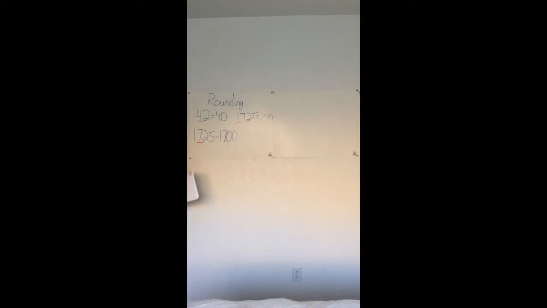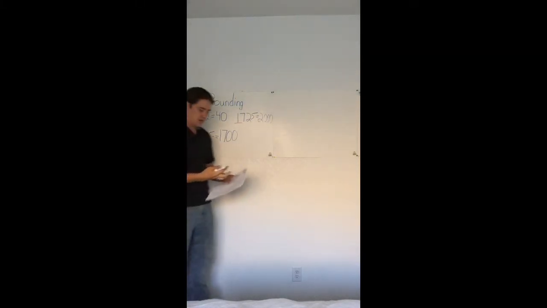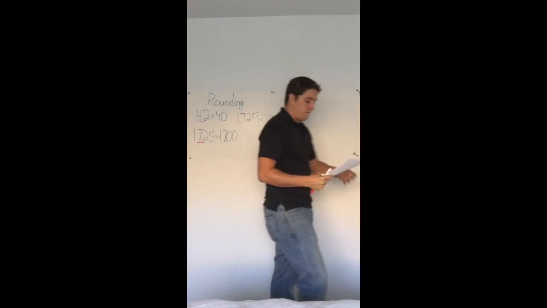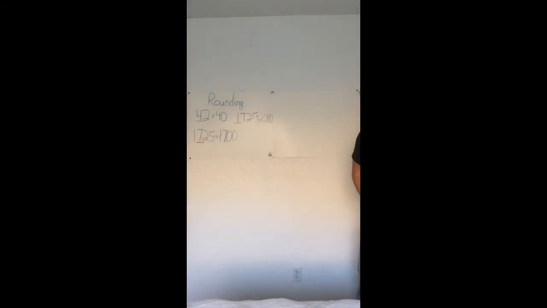Okay, now that I've done a couple problems on the board, I want y'all to do a couple problems, and we'll go over them together. I'm going to give you 4 different numbers, and y'all do them at your seat, and then we'll go over them together once everybody is done.